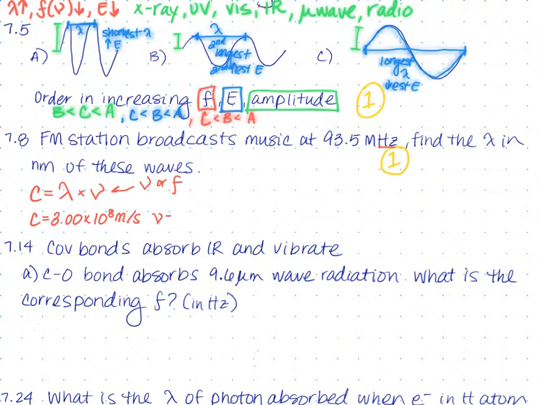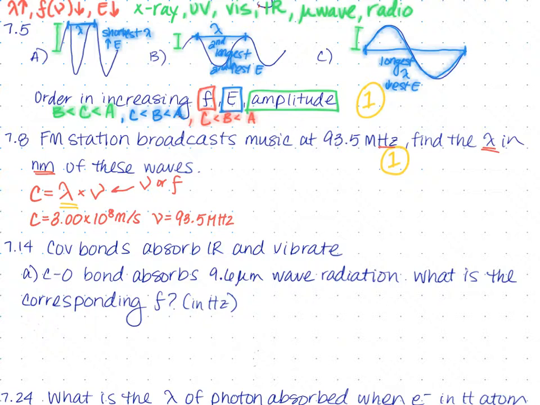So I know nu is equal to 93.5 megahertz. Okay, because I want nanometers, it says find the wavelength in nanometers, that means I'm solving for lambda.